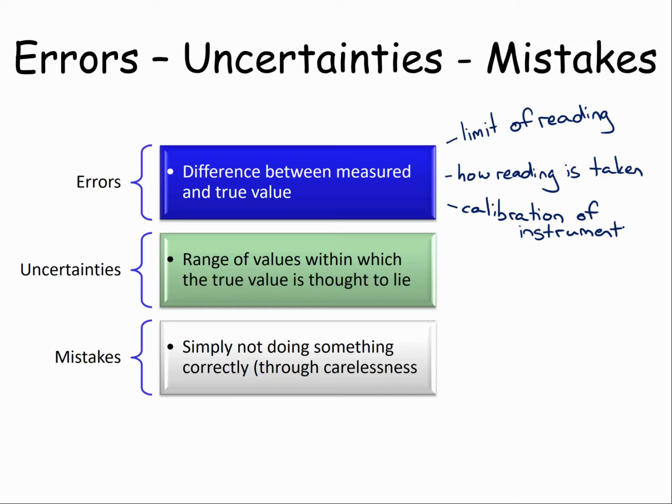Now, an uncertainty is a way of quantifying or putting a number on how uncertain you are about a measured value that you've come up with.